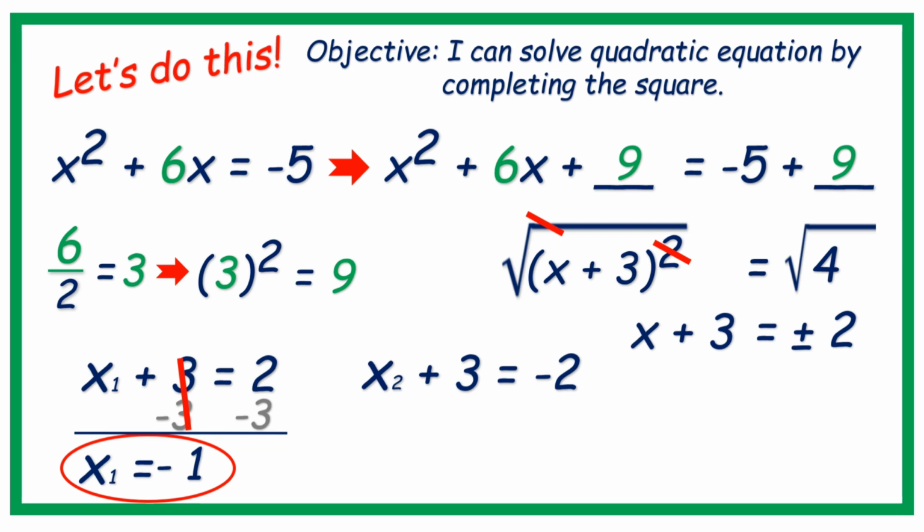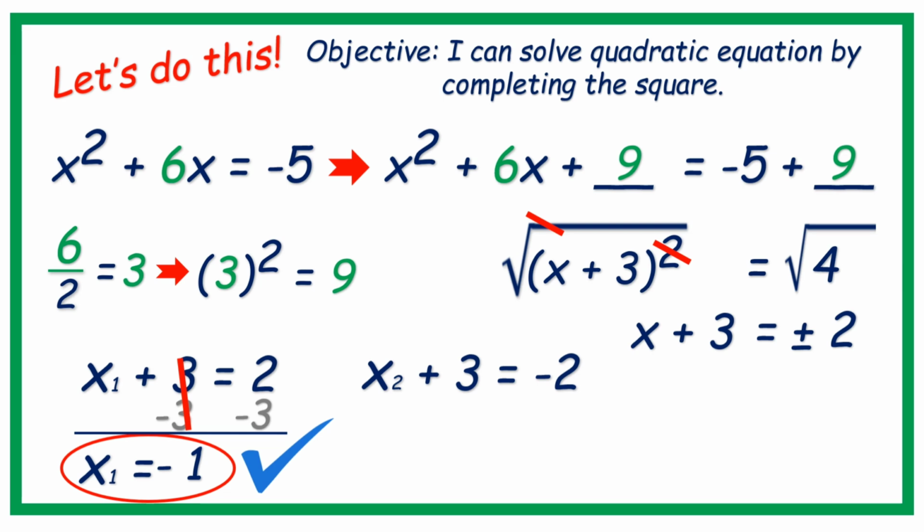Now let's continue. x sub 2 plus 3 equals negative 2. Again, to isolate the variable x, we need to remove the plus positive 3. In order to remove that, we need the opposite number, which is negative 3.